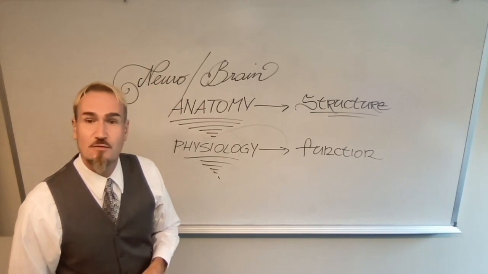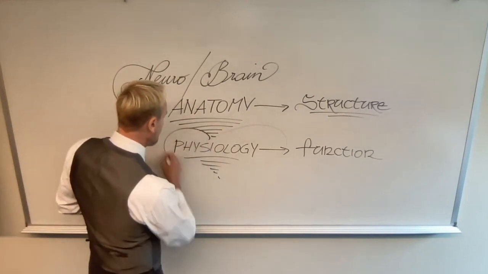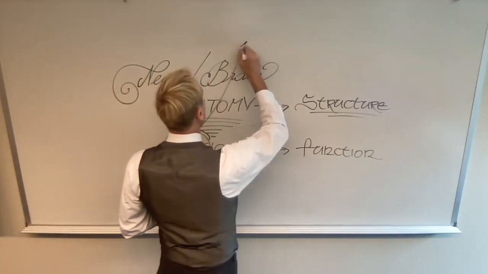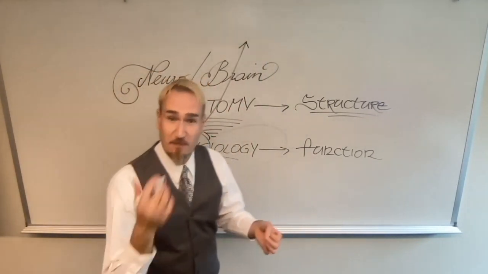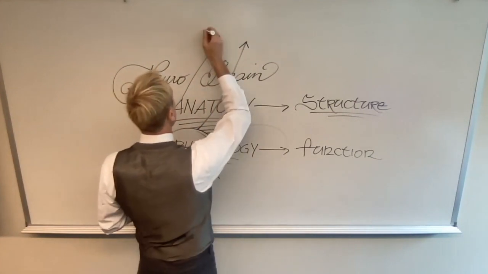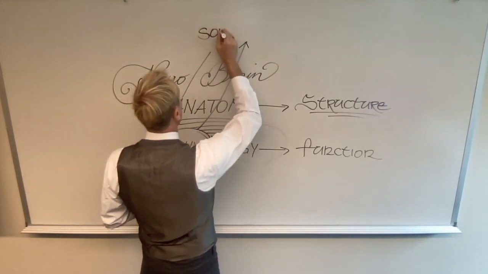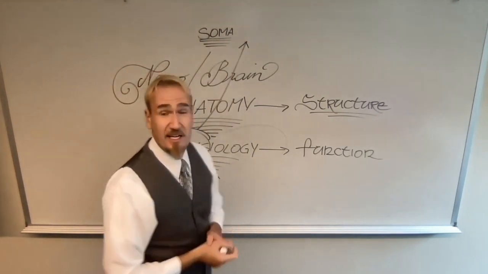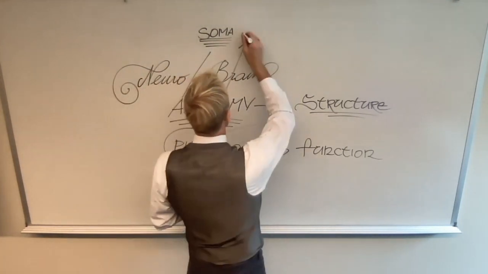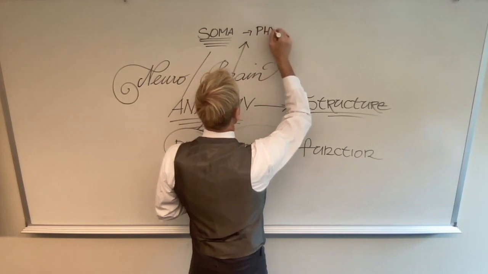Physiology is related to physis. Okay? So right here, we have two different terms, both of which relate to the body. The previous one that we encountered last week is soma. And you should remember that from the somatic nervous system. And the other one now is physis.